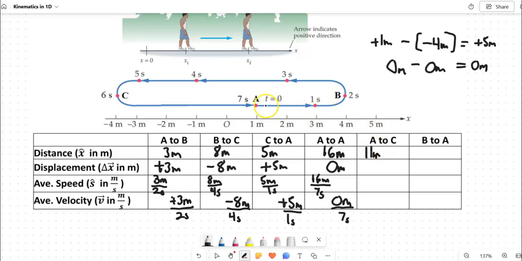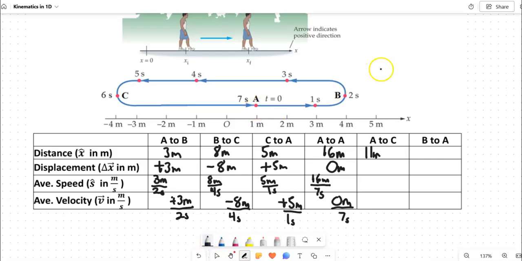Now, your displacement, and I'm going to erase these because they might confuse me later. Your displacement is you started here at the positive 1 meter mark. That's your initial position. And you ended at the negative 4 meter mark.